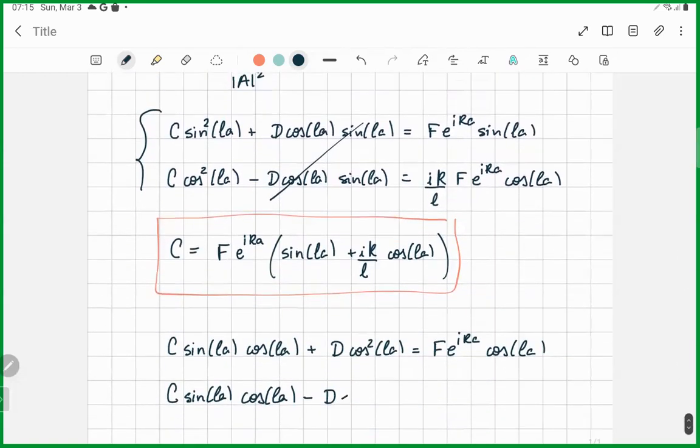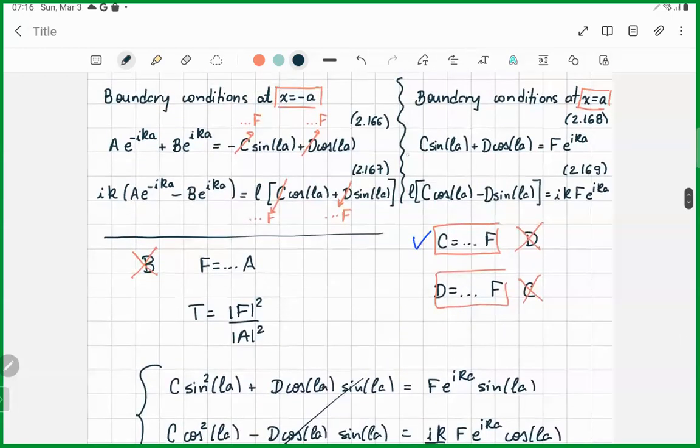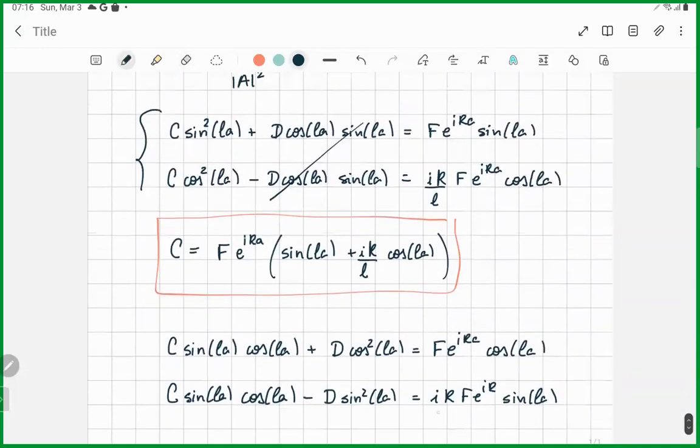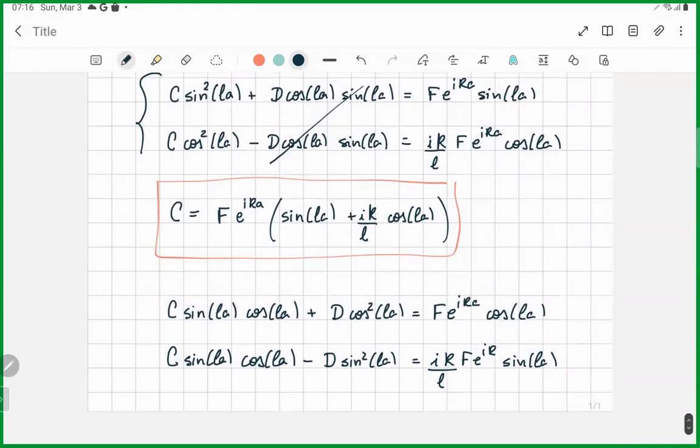So this becomes sine square. FIK, sine of LA. And remember, there was L here, which I'm going to pass to the right. Okay, so here I put this L below.